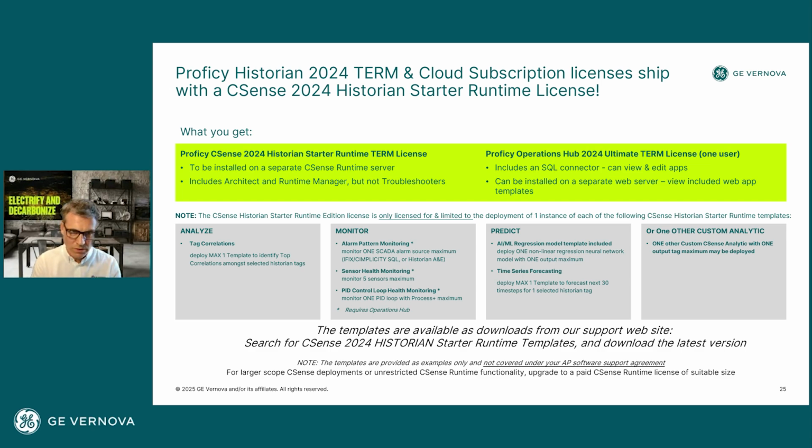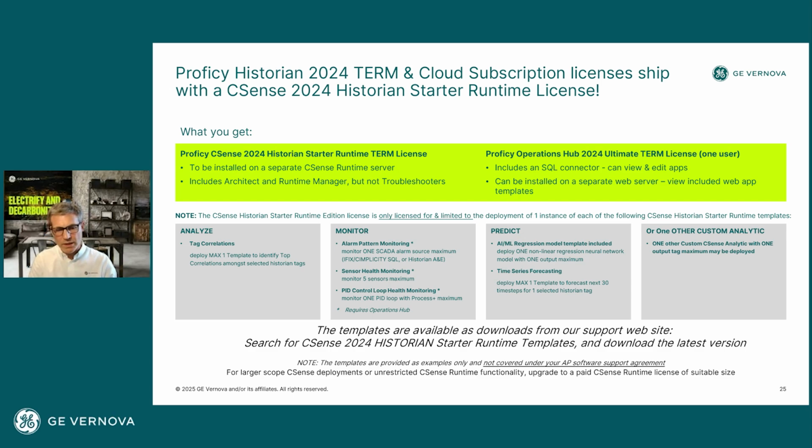Only for those term or cloud subscription license customers, we are also making a free CSense Historian starter runtime matching term license available. Again, it's similar to the SCADA one. It is a one-tag limited license with which you are entitled to deploy a single analytic, or one instance of each of these templates that we make available with that license.